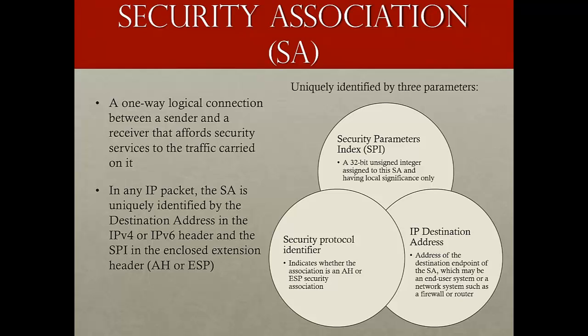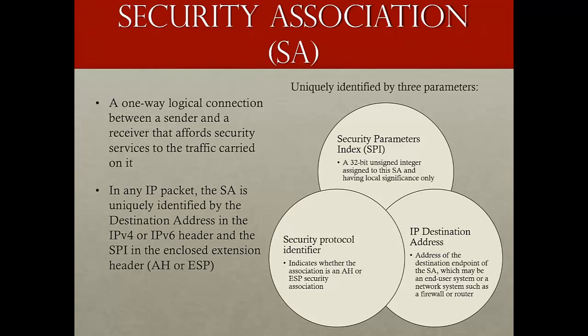The Security Parameters Index, SPI, a 32-bit unsigned integer assigned to this SA and having local significance only. The SPI is carried in the AH and ESP headers to enable the receiving system to select the SA under which a received packet will be processed. The IP destination address.